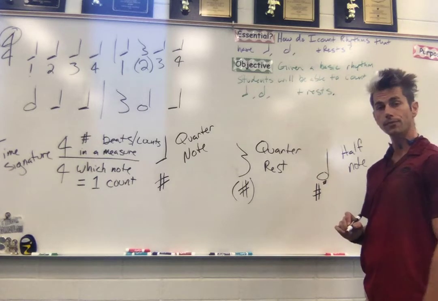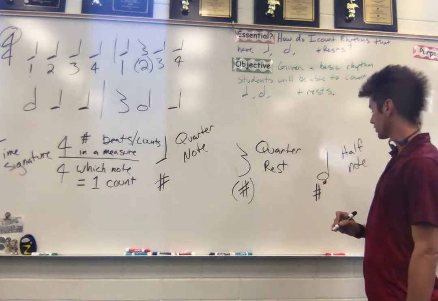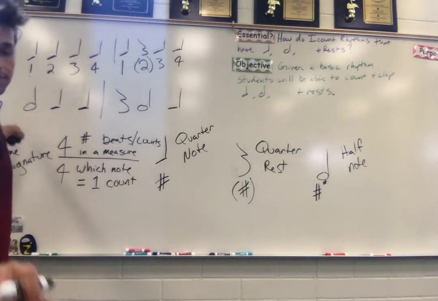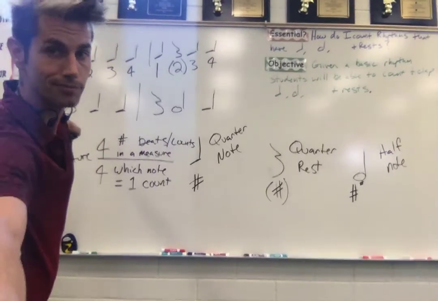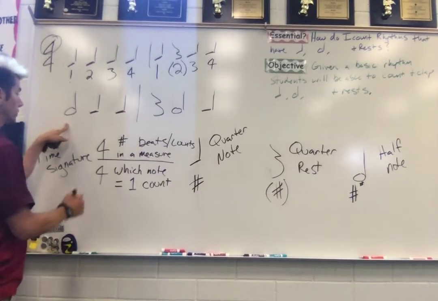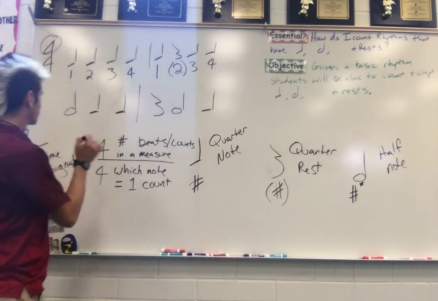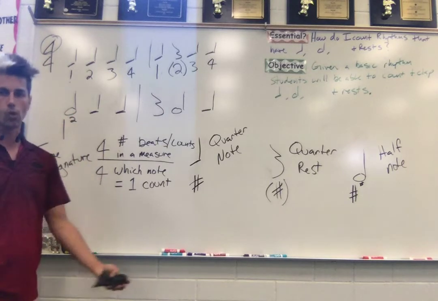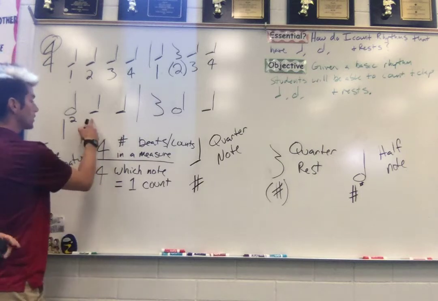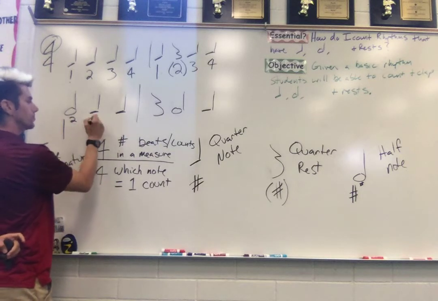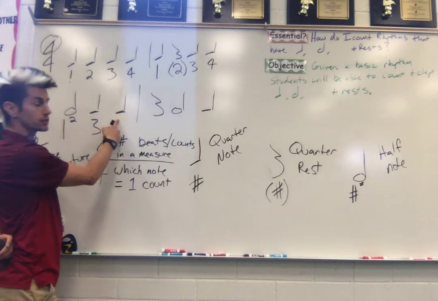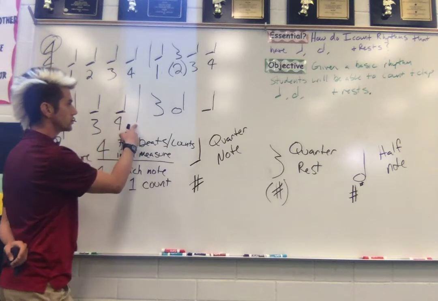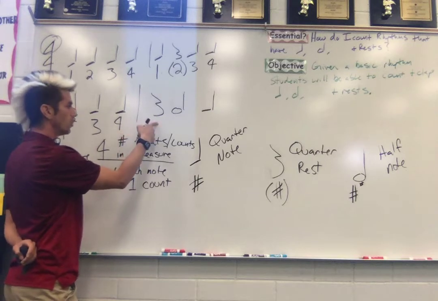So, in this example, it's at the beginning of the bar, so we're going to start with 1. So it gets a big number and then whatever's next. 2. 1, 2. So then we have another quarter note. What comes after 2? 3. After this quarter note, we got 4. Bar line. Super important to pay attention to that. So that means we start over at 1. Oh, it's a rest.